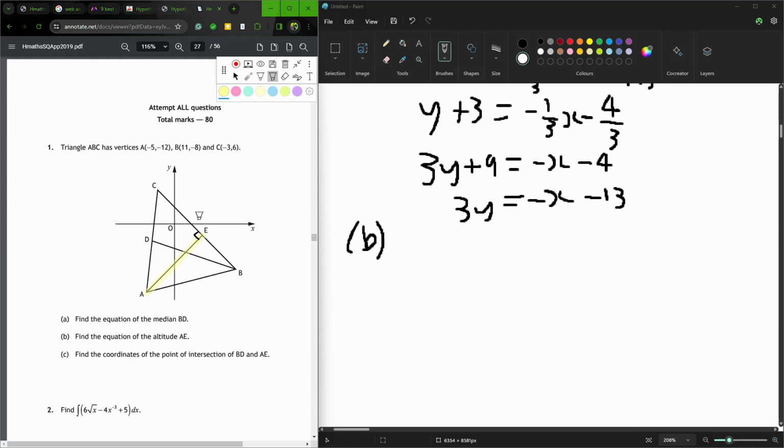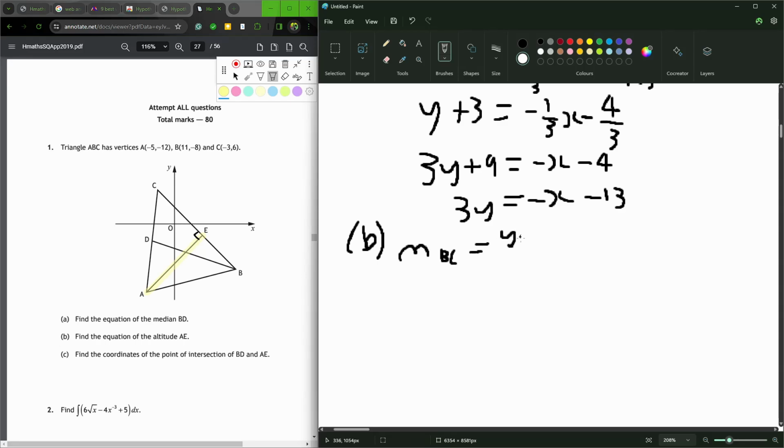So, let's figure out the gradient of CB. We'll actually go BC, probably. I need to start actually putting stuff in alphabetical order. Fantastic.